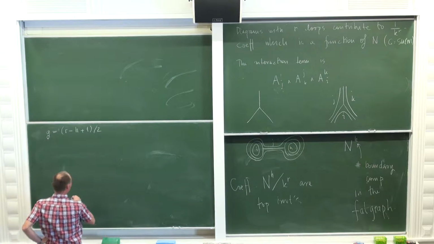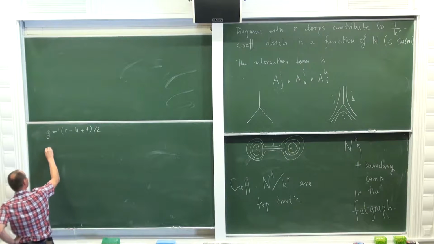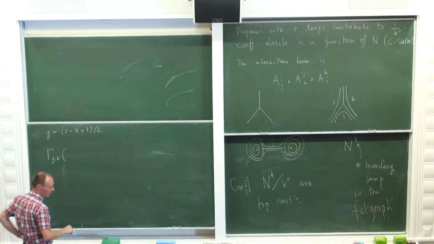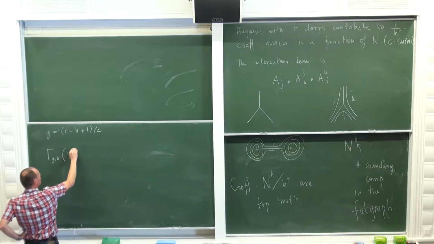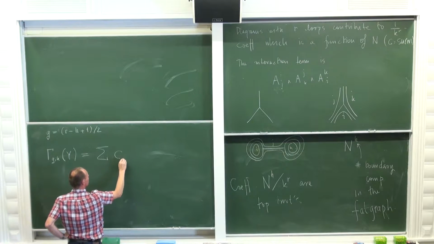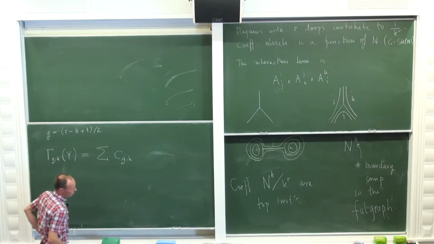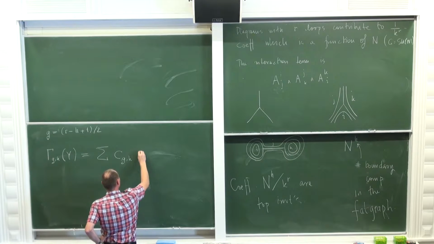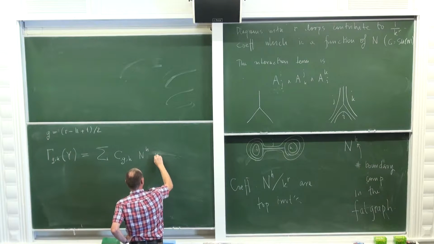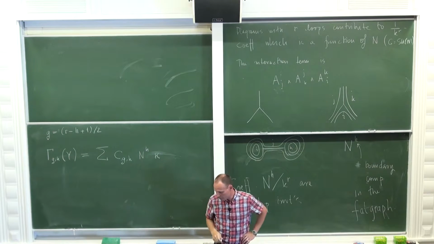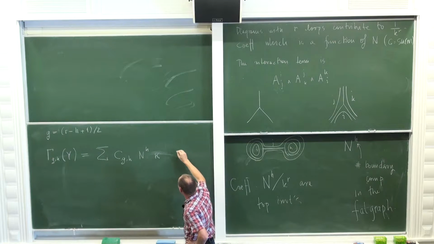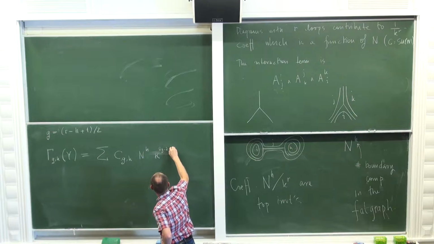We write this partition function, changing notation, calling this now gamma g,h of Y. I'm going to write it as something like this: I have numbers depending on the genus and the number of boundary components, n to the power h, and then kappa, which is related to k, and n to the power 2g minus 2 plus h.